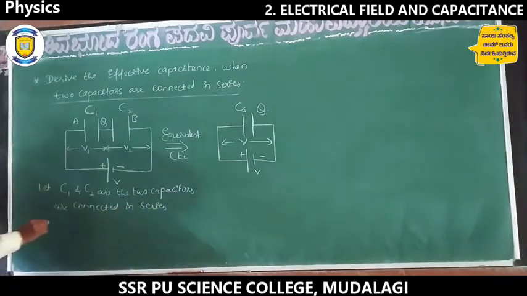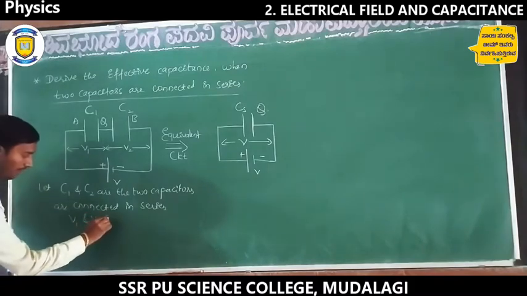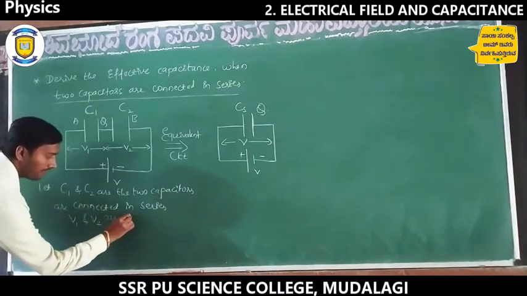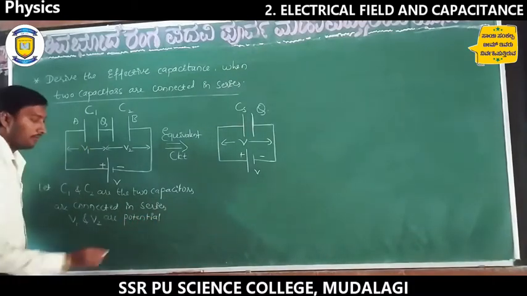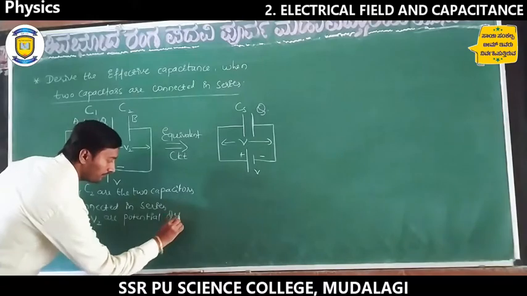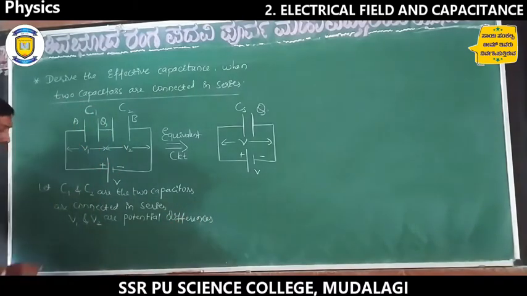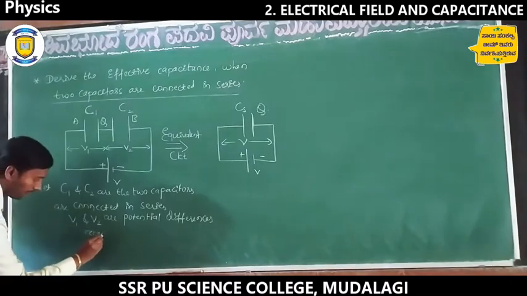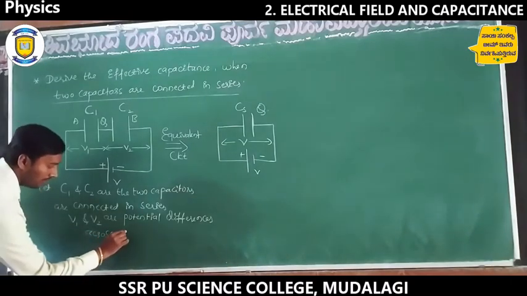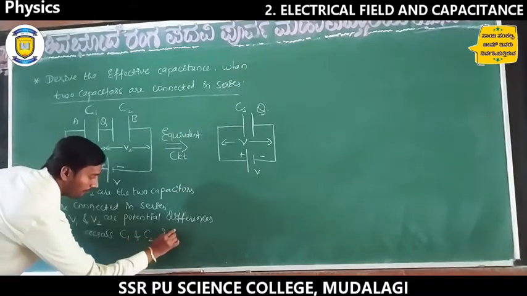Next, V1 and V2 are the potential differences across C1 and C2 respectively.